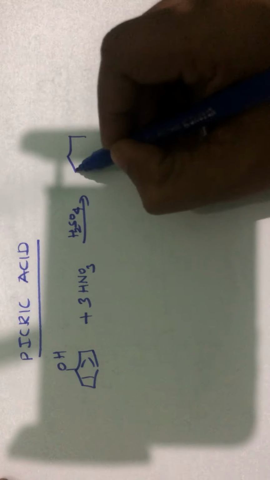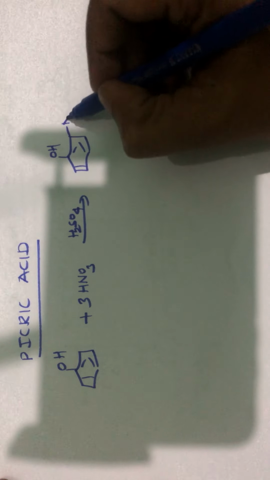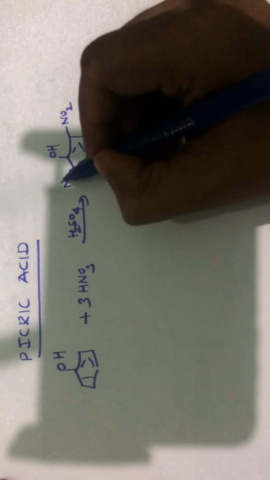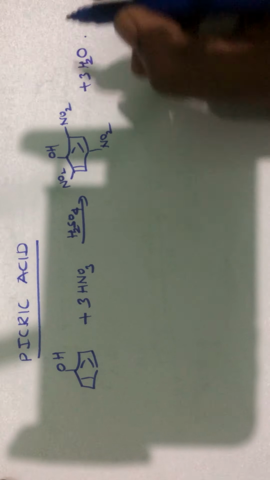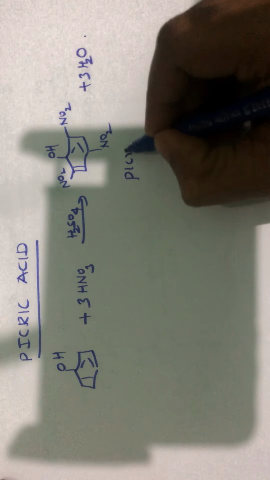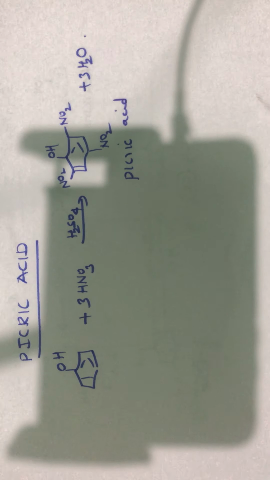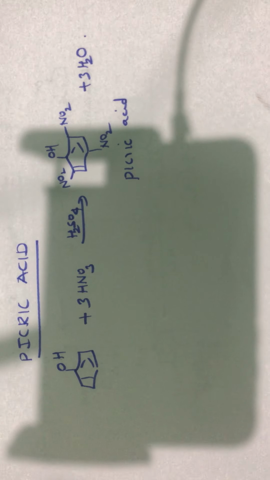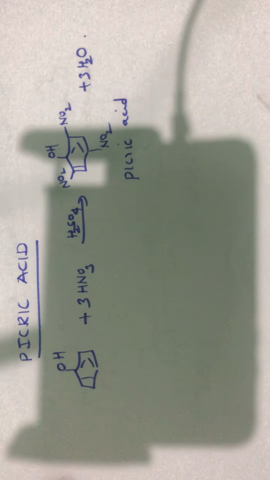So nitration takes place at ortho as well as the para position, plus 3H2O. So this is picric acid, 2,4,6-trinitrophenol. This is the preparation of picric acid.